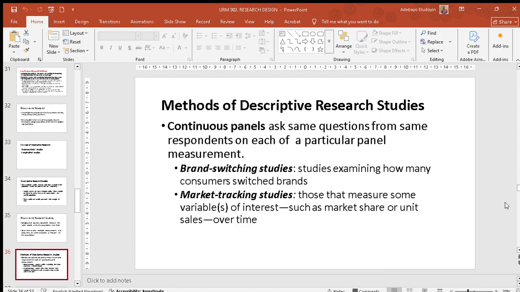And then we can give an example. Let me give an example of one of the things we did some time ago. I think I mentioned that in the last class. We asked a question from some people. We came back to ask the same question from the same people. If they are telling the truth, you are likely going to have similar results.